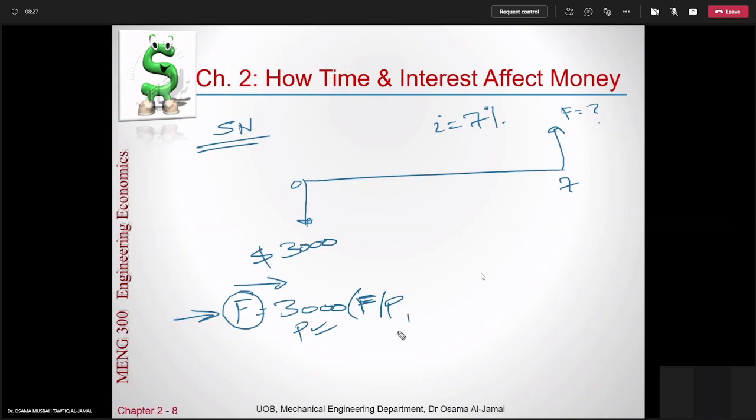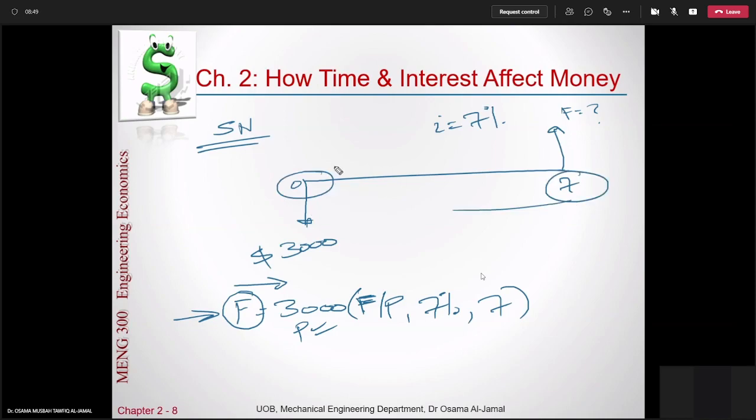So F given P. Then 7% interest. N is not given, Doctor. 7 years. 7.